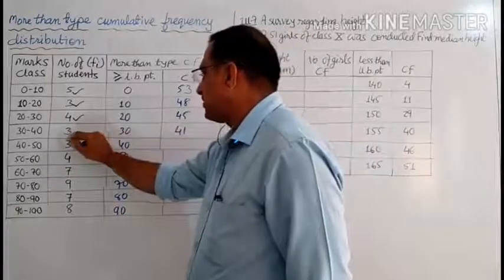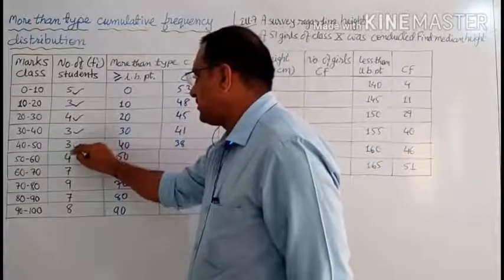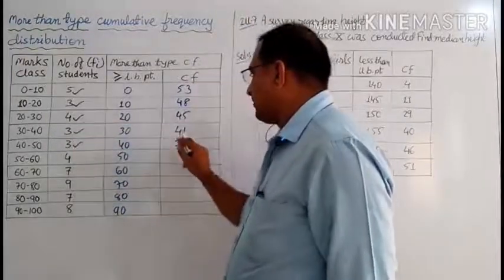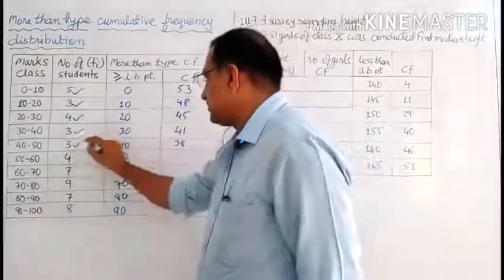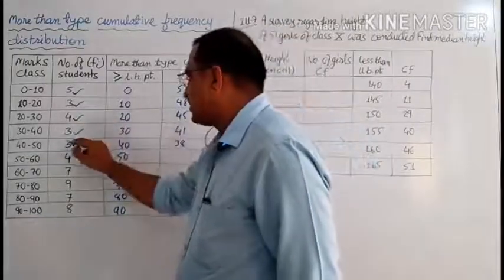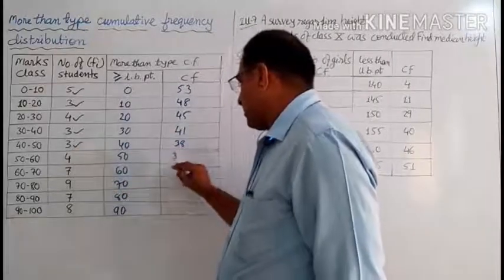Similarly, 41 minus 3 you will get 38. Then 38 minus 3 you will get 35.